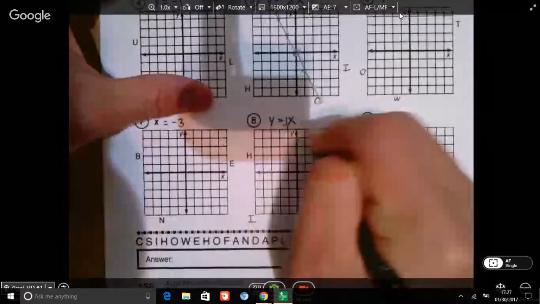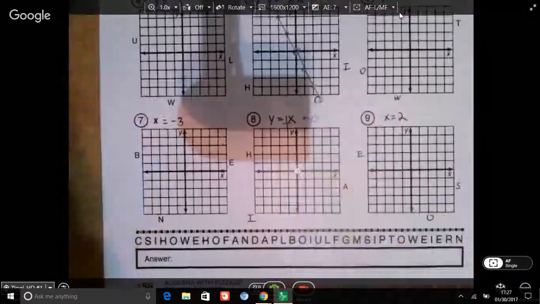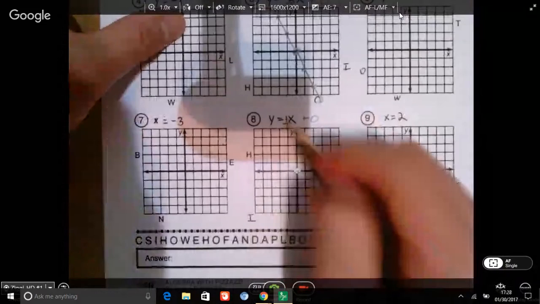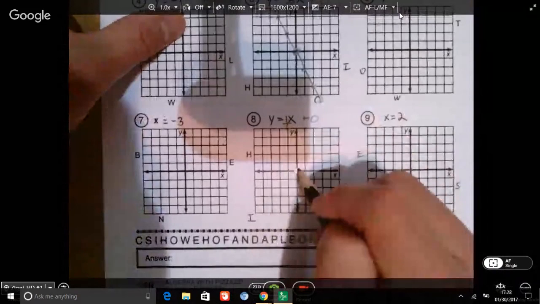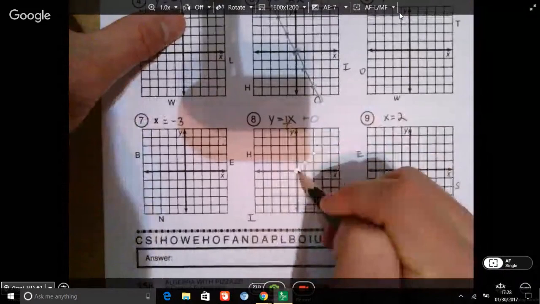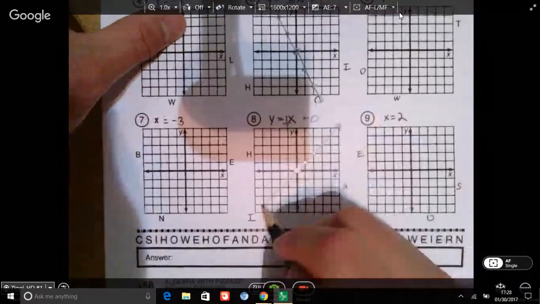There is no constant, so the constant is +0. So we're going to start here at the origin. The slope is 1, positive, so the top number is positive, so you go up 1. The bottom number, you always go right. Up 1, right 1, up 1, right 1. So that line looks like that for y equals x. And then you just finish it off to the left, down 1, left 1.